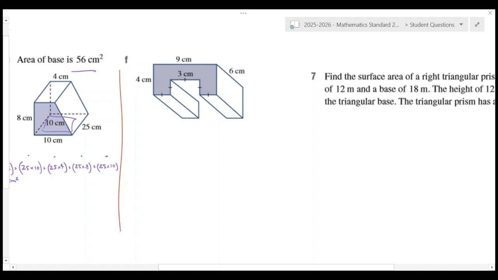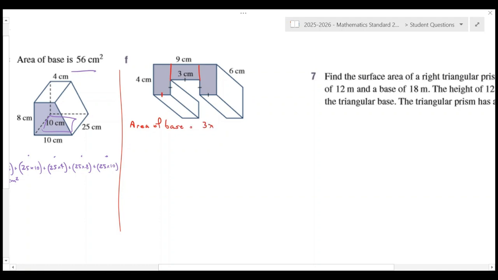All right, so the way I'm going to do it, I'm actually going to split it there and there. I'm just going to go, well, this is by 3, so I've got a 3 by 4. So this is the area of the base.